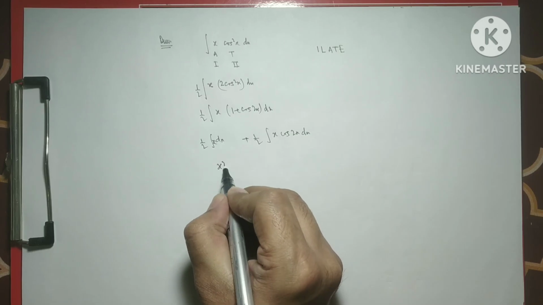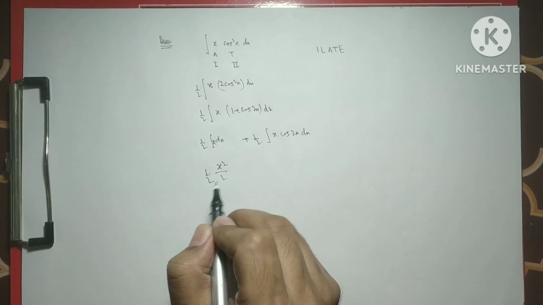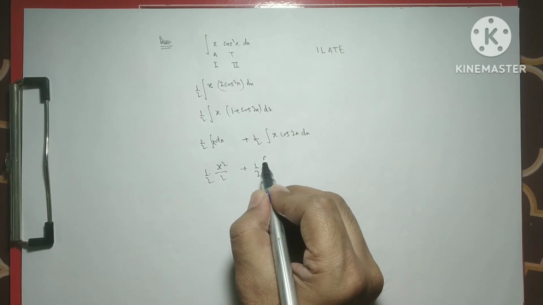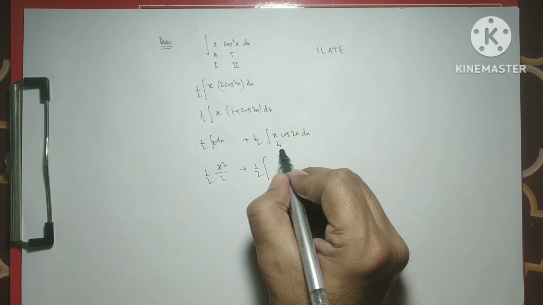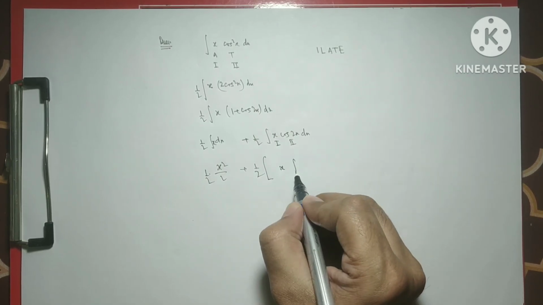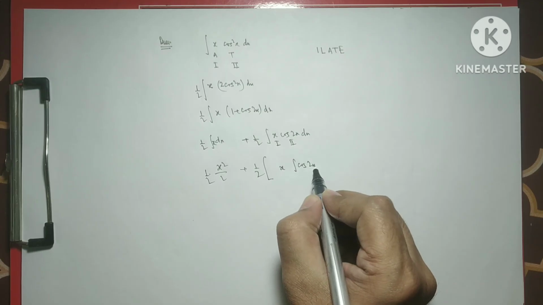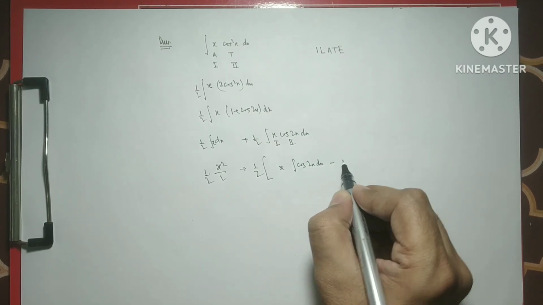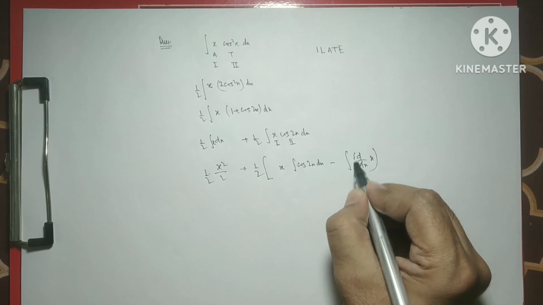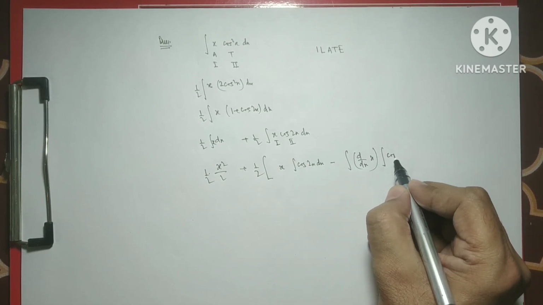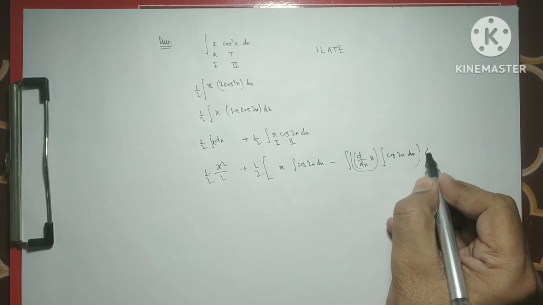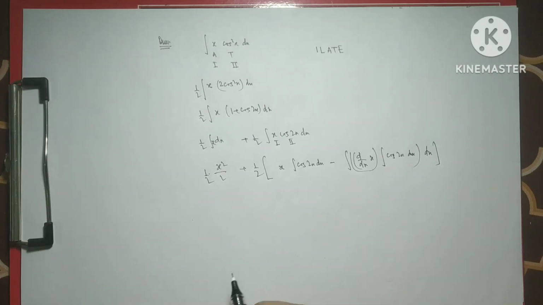This is x square by 2 and there is half. We will use by parts. This is the first function, this is the second function. So first as it is, integration of the second function, minus differentiation of the first function and integration of the second, and finally we integrate.